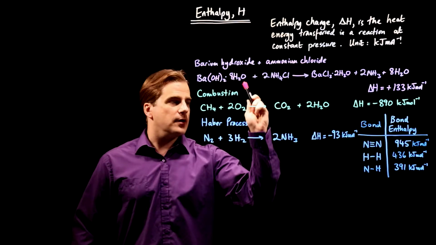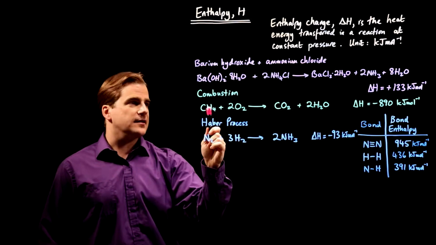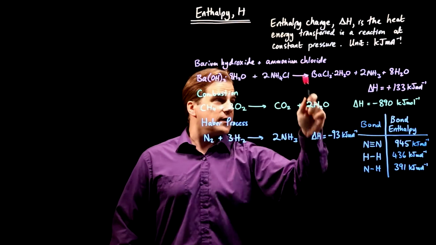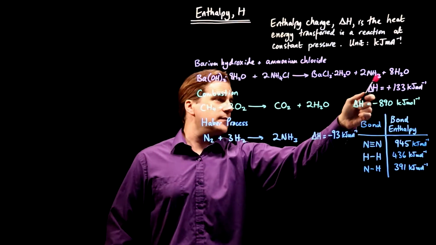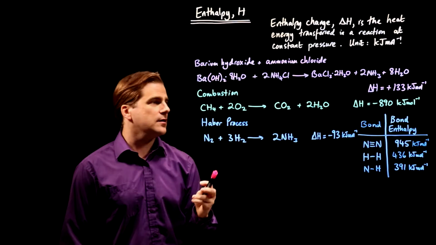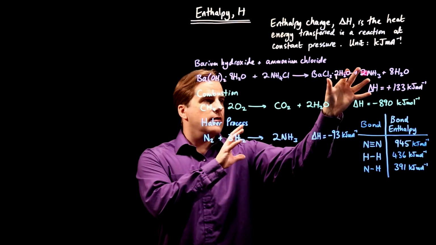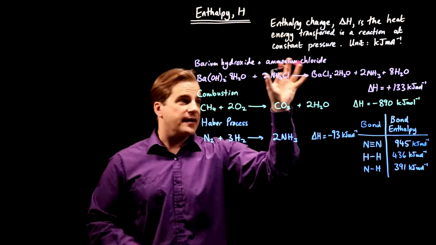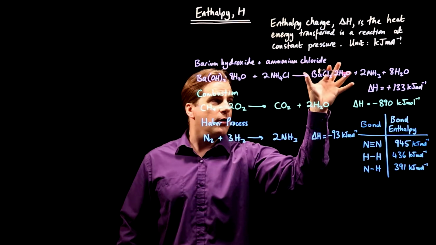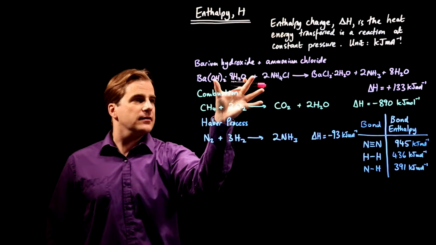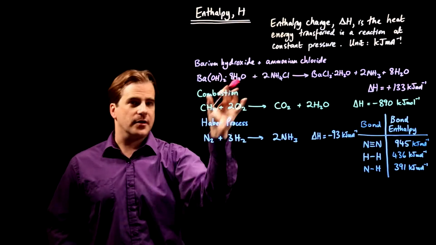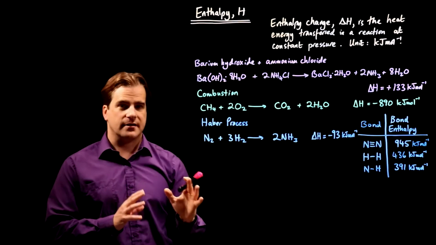So an endothermic reaction, what that means is the products, all these things, barium chloride, ammonia and water, the enthalpy, the chemical potential energy of the products is higher than the chemical potential energy of the reactants.